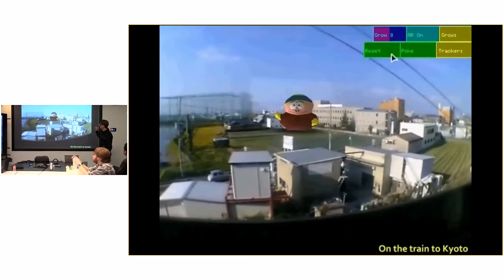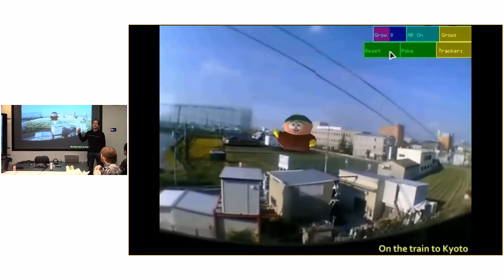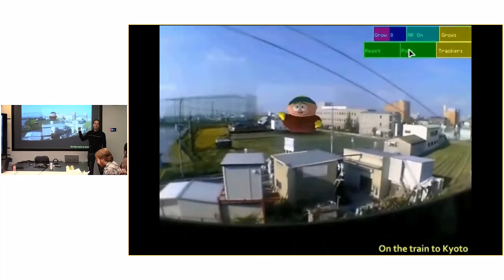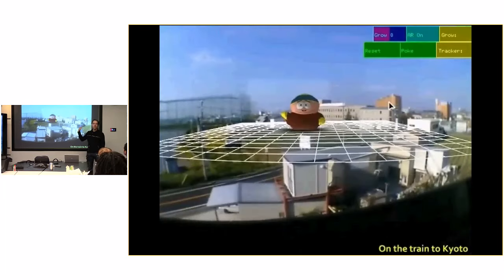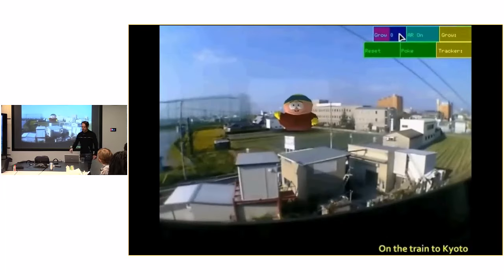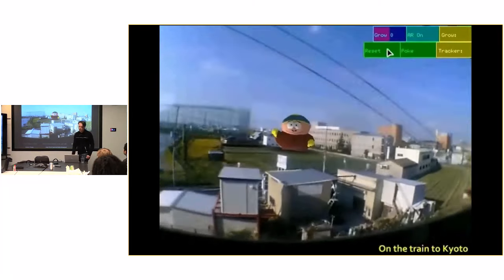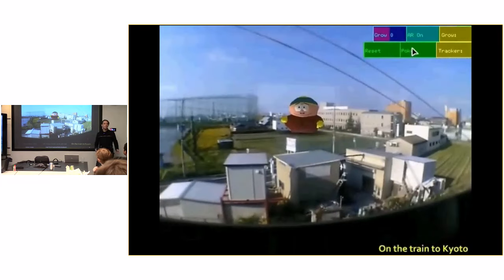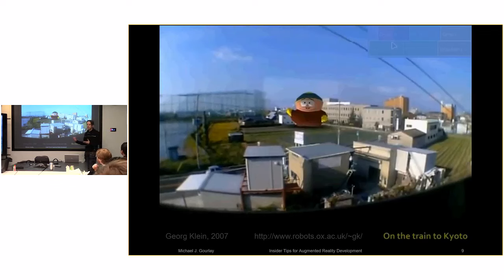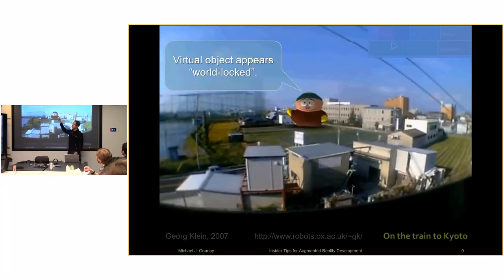This video is made by a colleague of ours named George Klein. This was part of his PhD thesis work, and he works on the HoloLens system. So I want to take a single frame of this and take it apart to show you what aspects of this are crucial for augmented reality. One of them is the fact that this character seems world-locked.